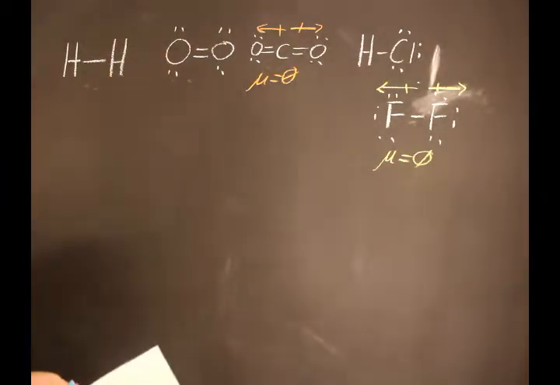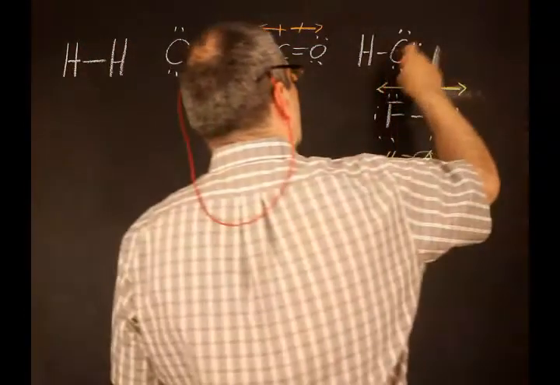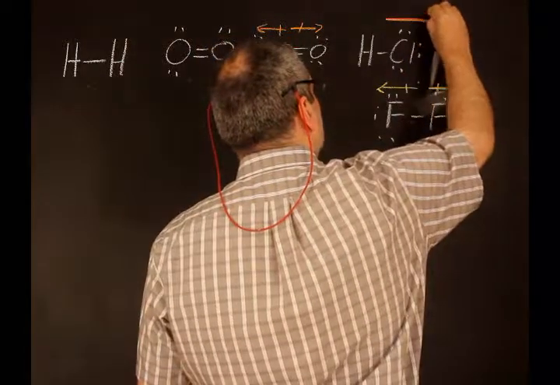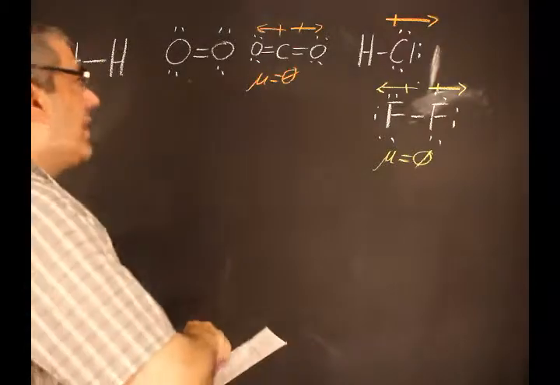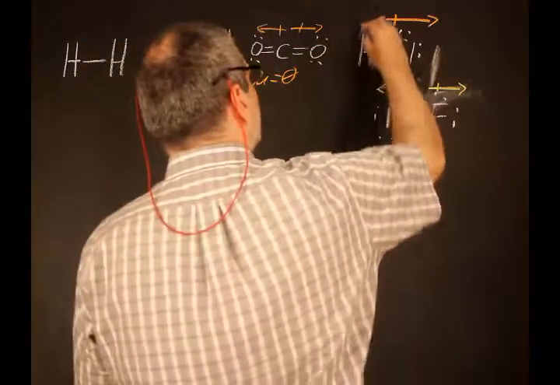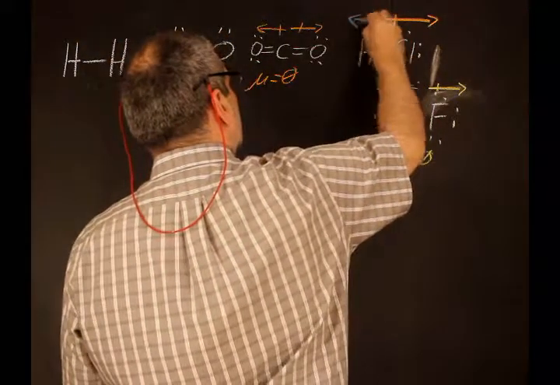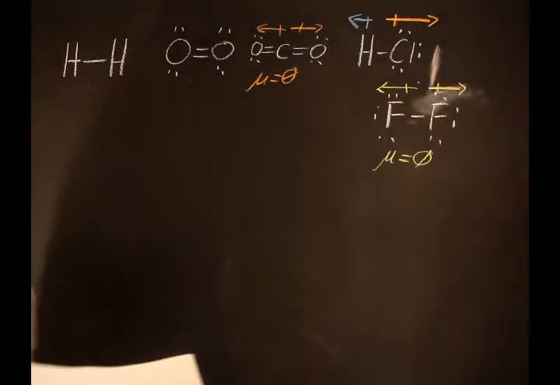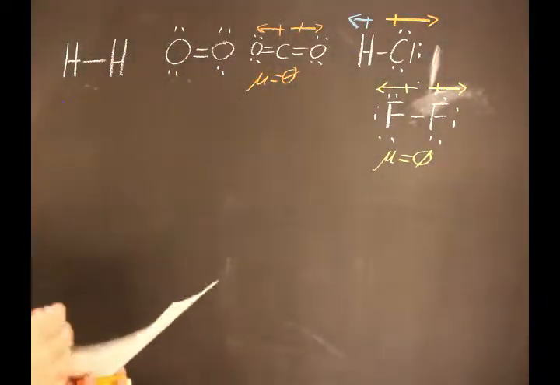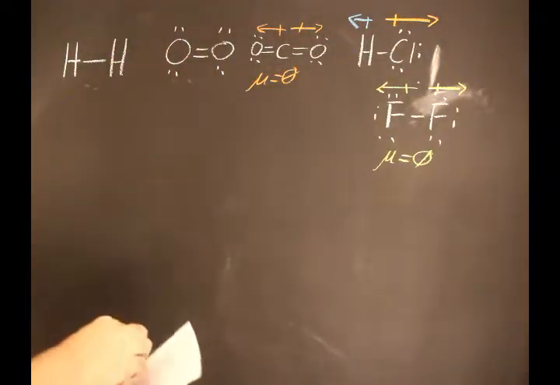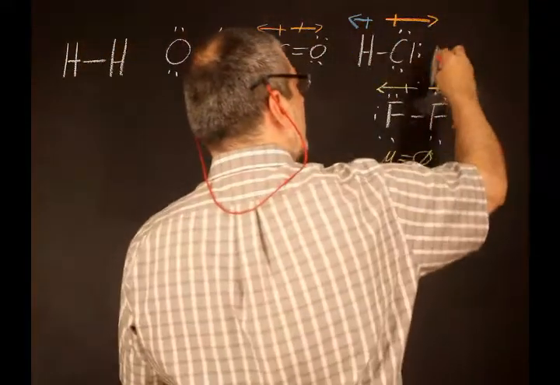But HCl, well, chlorine, and I'm drawing this very exaggerated, has a much larger electronegativity than hydrogen, so the shift of electrons is going to be towards the chlorine.